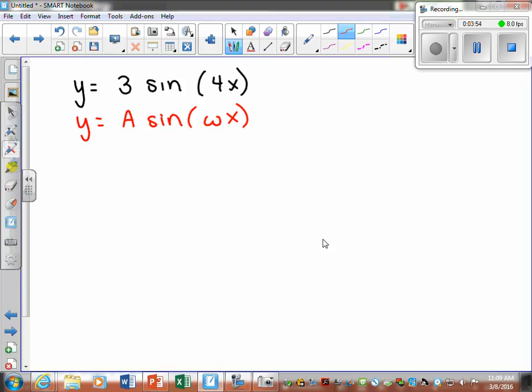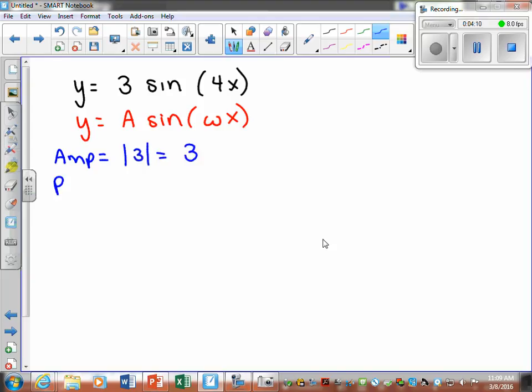So if I was asked to graph this particular example, we know that we're going to have an amplitude. What's going to be our amplitude? So we would say amplitude is going to be the absolute value of 3, which is just 3 units. Good.